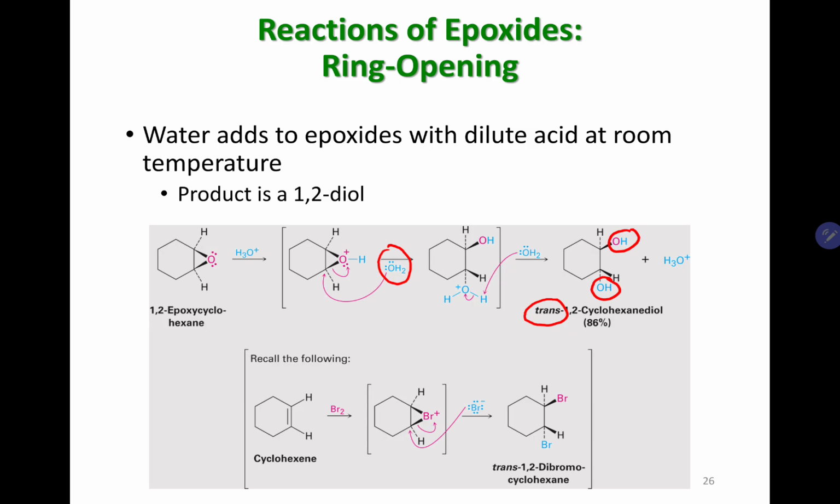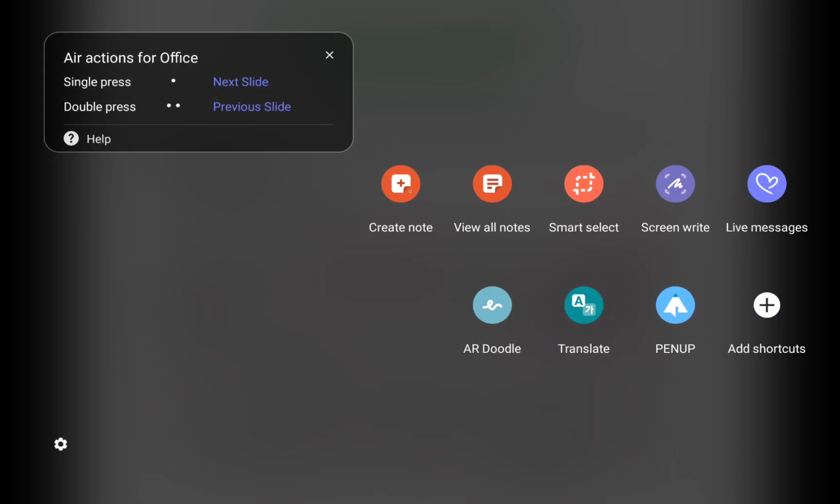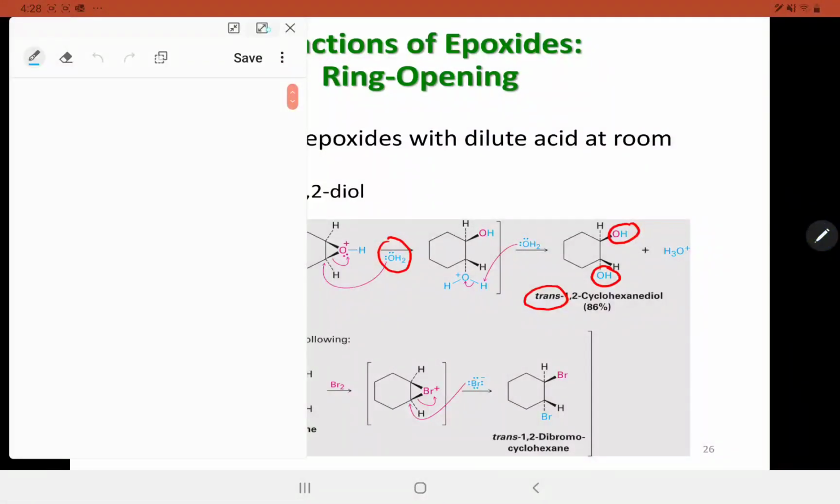So let's do a simple synthesis type reaction. If you want to generate a trans 1,2 diol, like the one that I have given in this example, clearly for this synthesis you are going to need to generate a trans 1,2 diol.